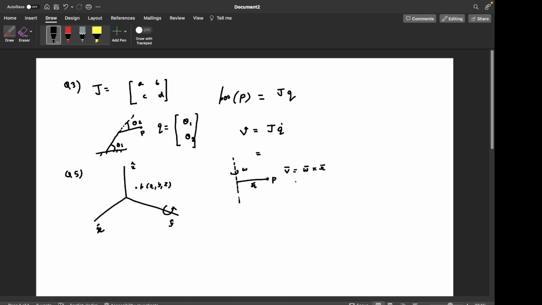Basically, we multiply the perpendicular distance of this point P from this axis into omega.